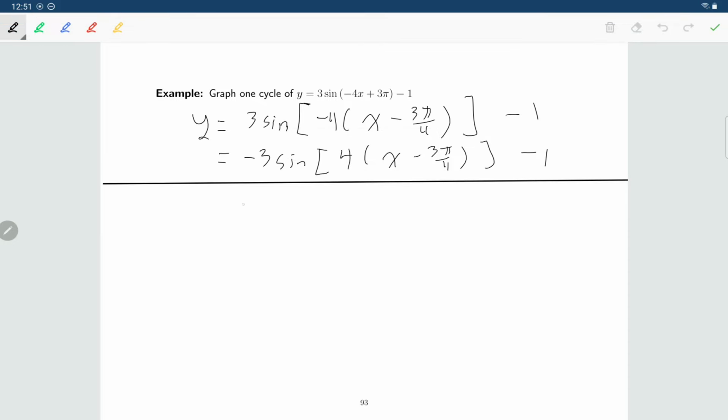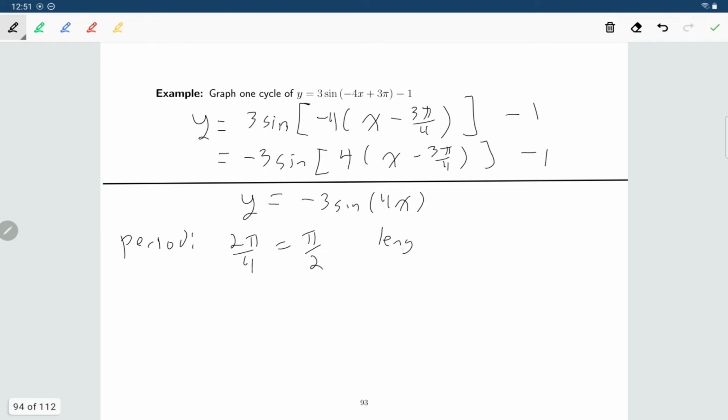And before we do any of that, we're going to first look at our simpler function, negative 3 sine 4x. For that one, the period is 2 pi divided by 4, which is pi over 2. And the length of the subintervals should be 1/4 of that, or pi over 8.